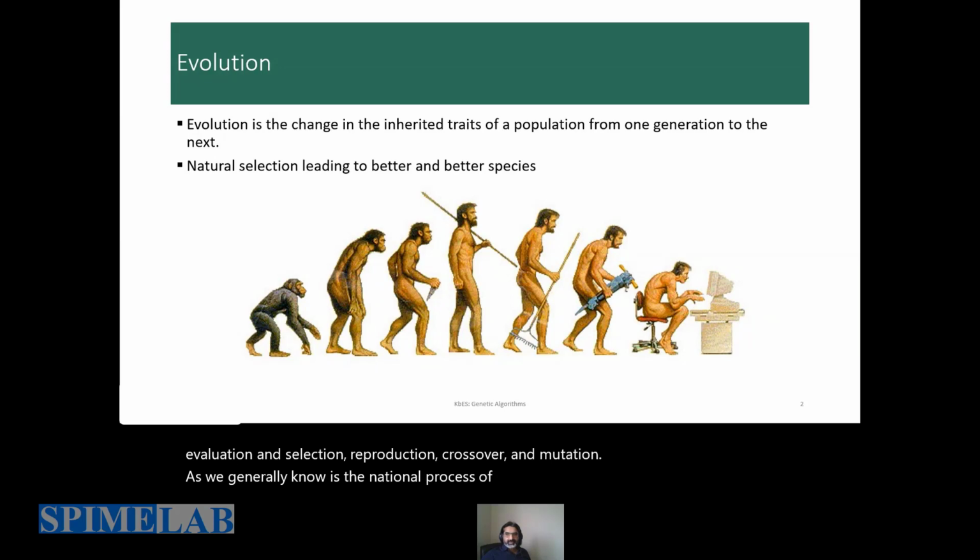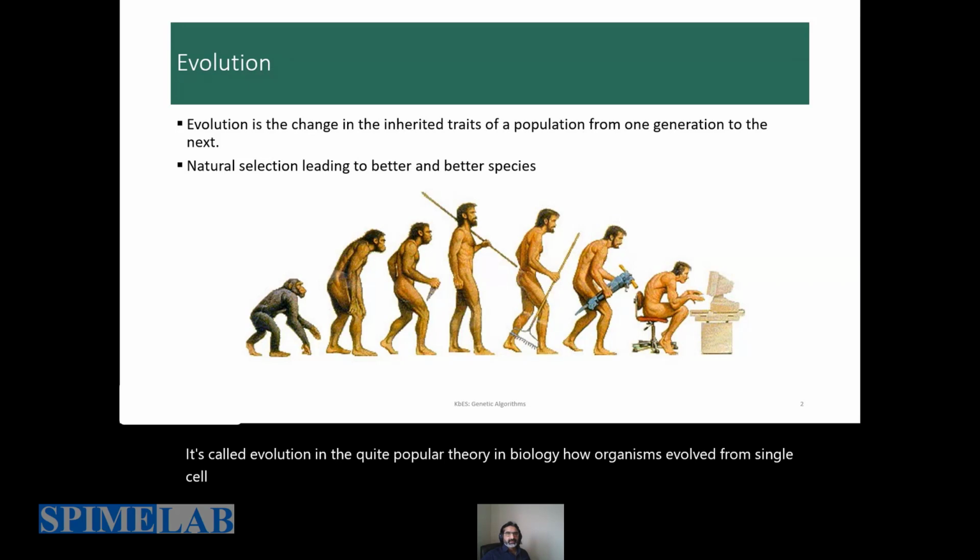Evolution, as we generally know, is the natural process of selection of best fit organisms. Over time, nature has a way to improve and adapt the organisms through natural selection. The process has multiple aspects to it, but it's called evolution in the quite popular theory in biology, how organisms evolved from single cell amoeba to complex intelligent species like us.